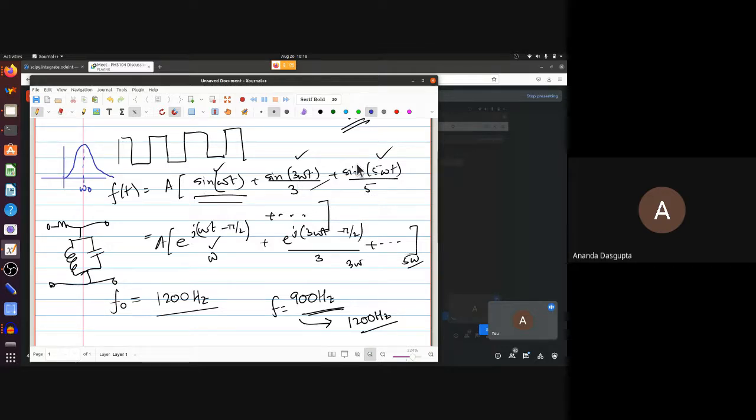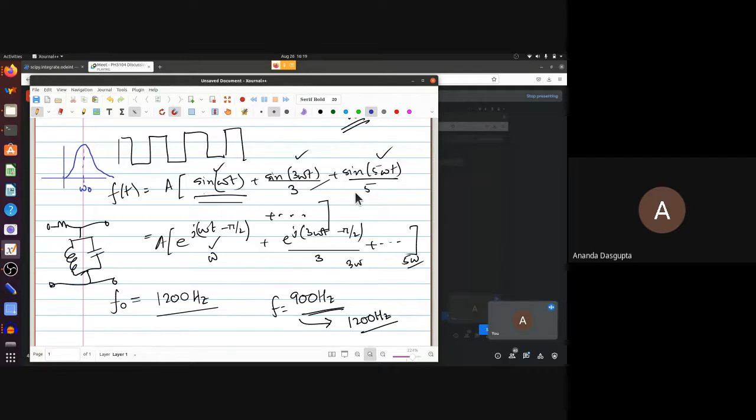When you get to 240 hertz, you're again going to get a peak. And this peak is going to be roughly 1/5 the size of the original peak. So basically the output is going to go up first at 1200 hertz, it reaches a maximum, then goes down, stays down until you reach 400 hertz, that's the 1/3.